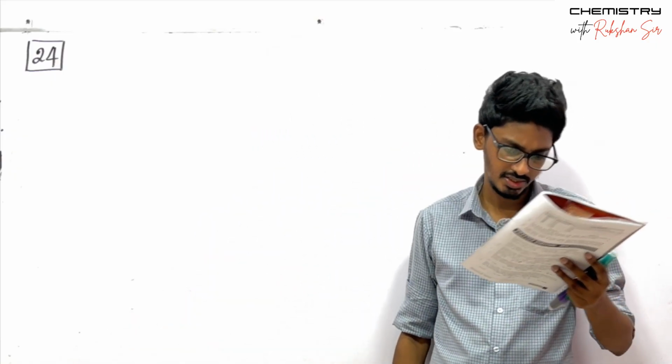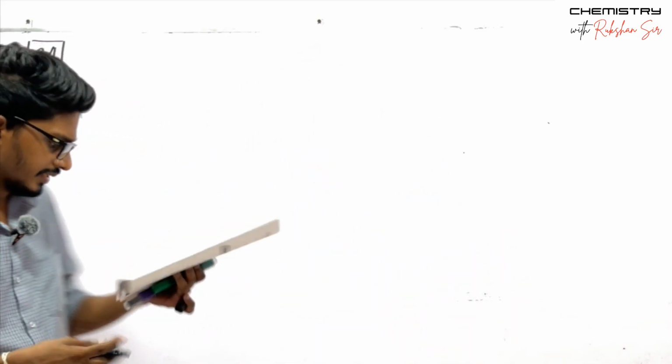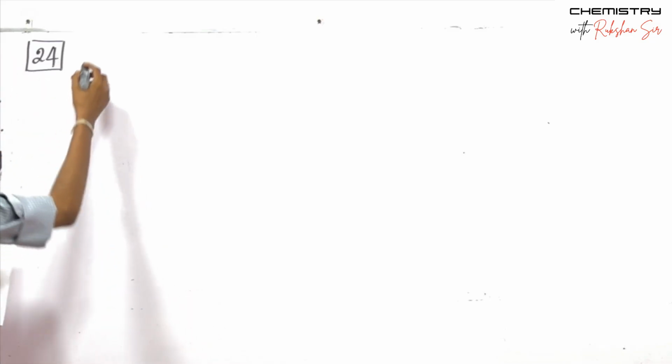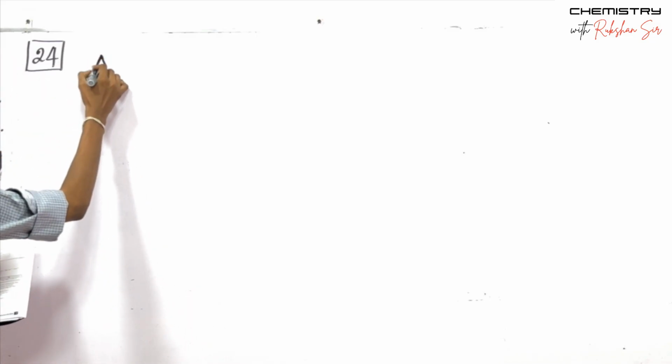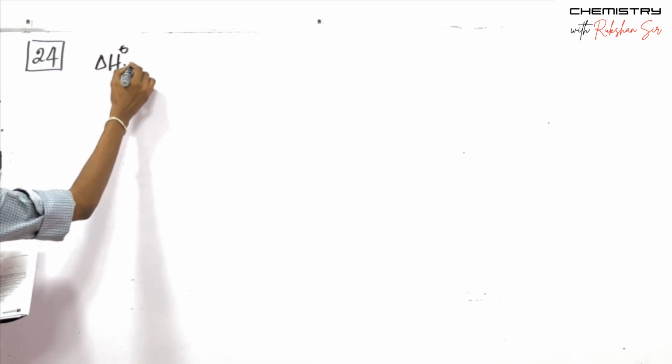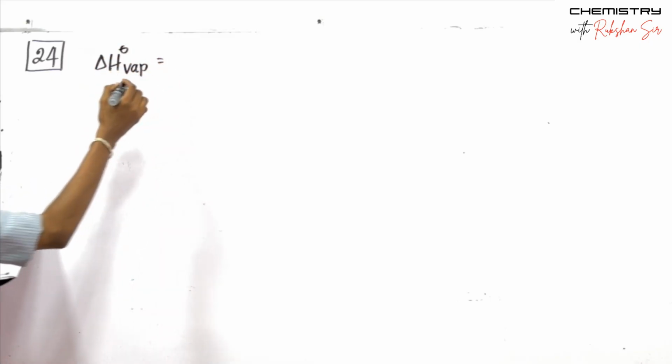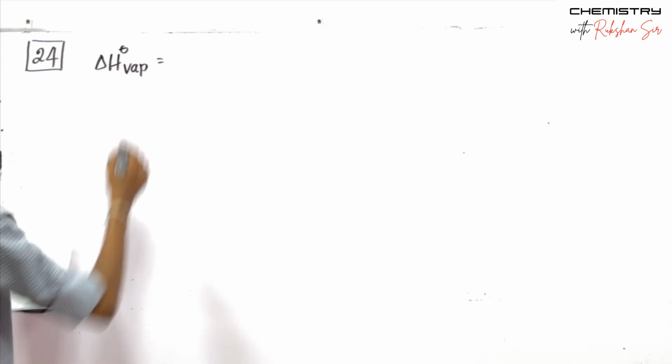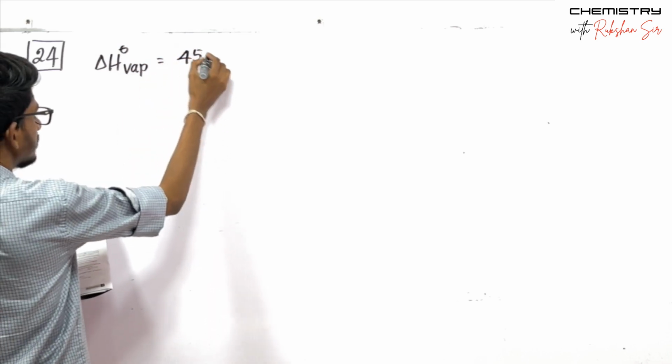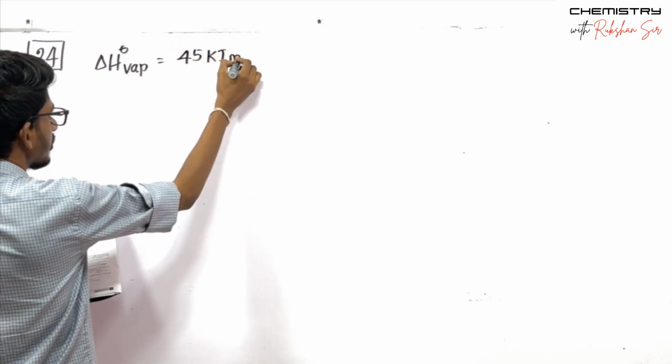The enthalpy change of vaporization and the entropy change of vaporization of a liquid are given. So what have they given? The enthalpy change of vaporization, delta H naught vap, is given as 45 kilojoules per mole.